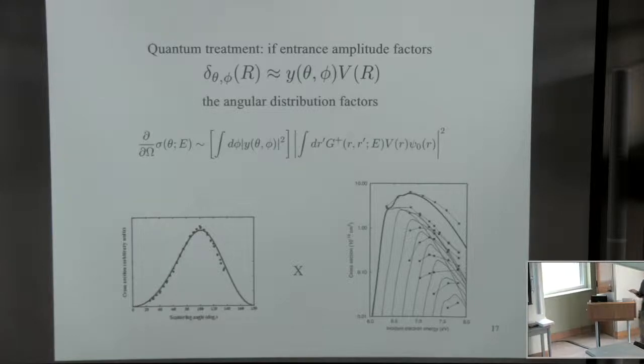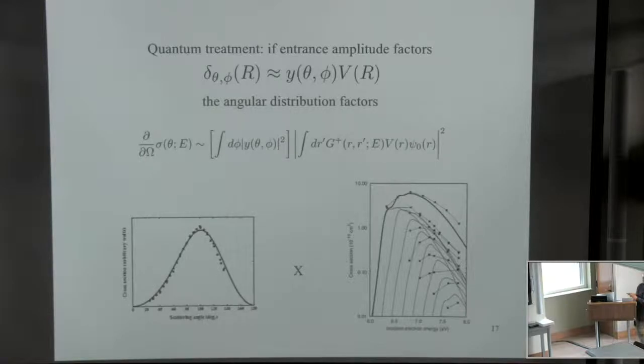Okay, so we've also done some quantum mechanical calculations on dissociative attachment. If this entrance partial amplitude does factor into an angular function and a function of coordinates, and if we assume axial recoil, we have an expression for the cross-section, which is schematically this.